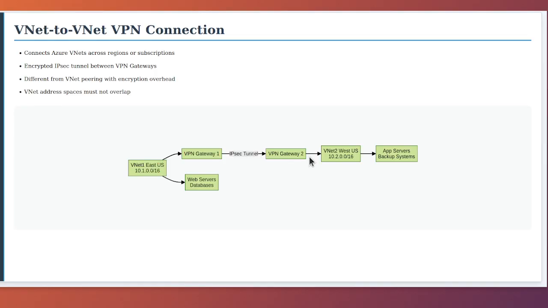Resources in VNet 1, such as web servers and databases, can communicate with resources in VNet 2, such as application servers and backup systems, through this encrypted tunnel. All traffic between the VNets is automatically encrypted and routed through the VPN gateways. When configuring VNet-to-VNet connections, the address spaces of the two VNets must not overlap.